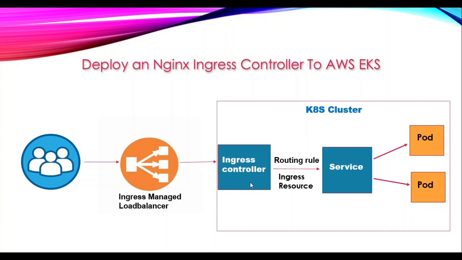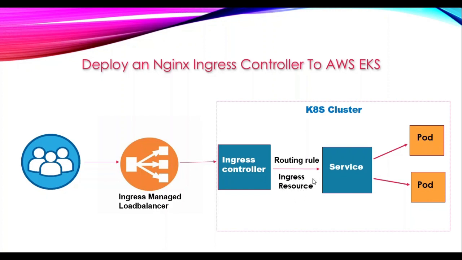The ingress controller is responsible for managing and configuring the routing rules based on the ingress resource we've defined. So it cannot just go ahead and forward traffic further if it doesn't see any ingress resource to use. We'll be making use of an ingress resource.